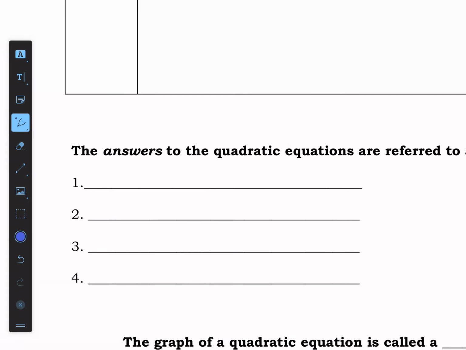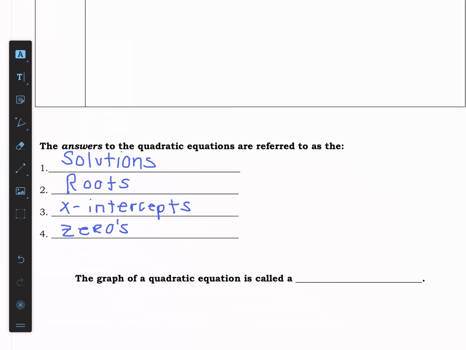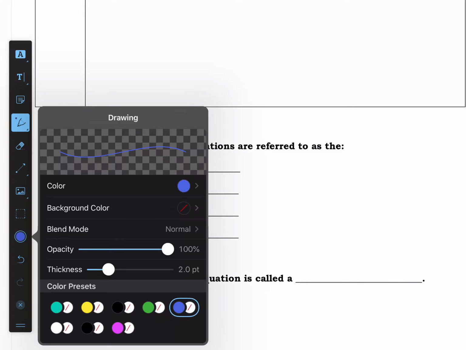So the first way, this is really in no particular order, but one option would be they could ask you to find the solutions to the problem. They could ask you to find the roots. They could ask you to find the x-intercepts. We'll talk about what that means in a second. Or they could ask you to find the zeros. Now, these 4 things all mean the exact same thing.